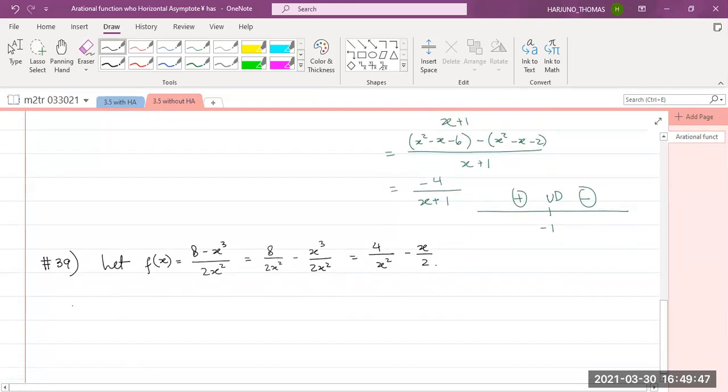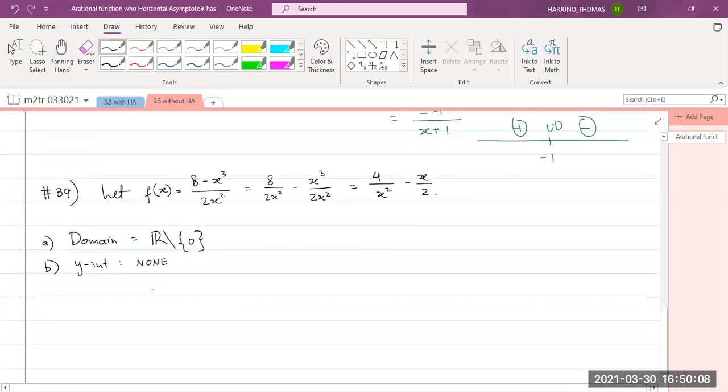So the domain will be all real numbers except 0. And because 0 is not in the domain, we won't have a y-intercept. How about the x-intercept? Then we set the numerator equal to 0.